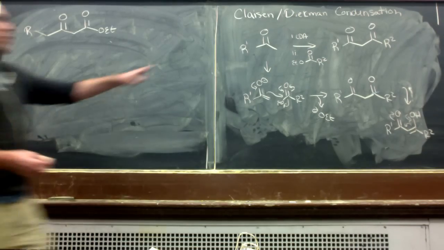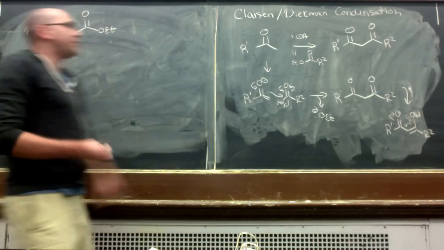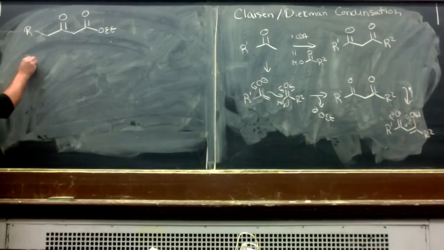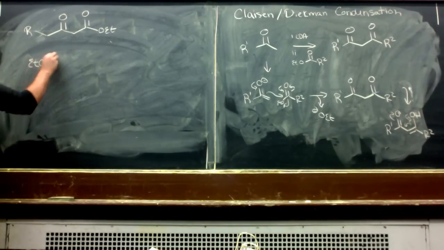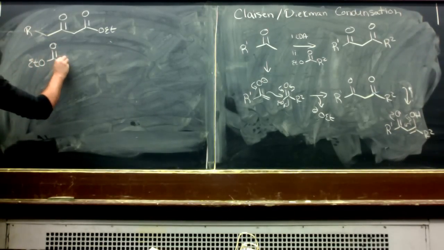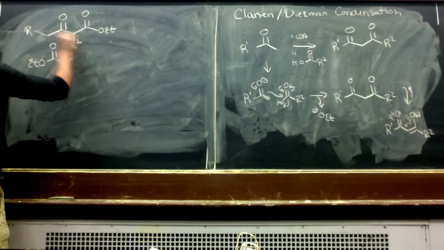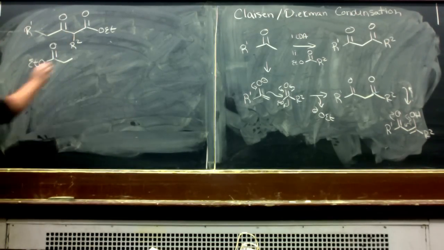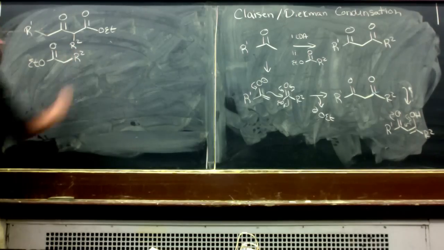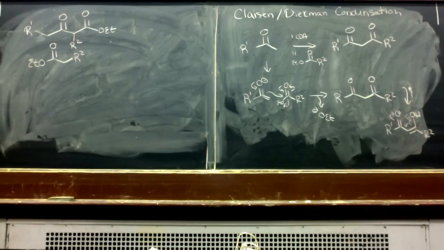So I've shown an R1 here, right? But if that R1 is instead, for example, actually, where did I see it before? We saw it here, right? A system like that. So if instead that's our initial enolate, right?